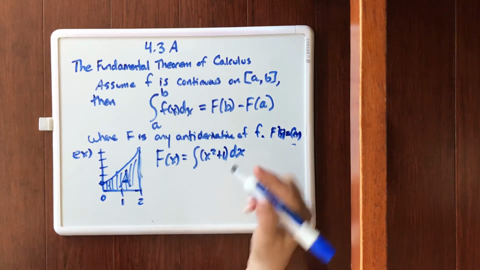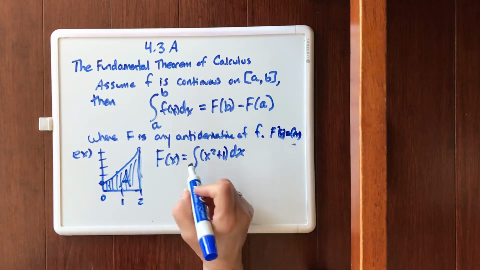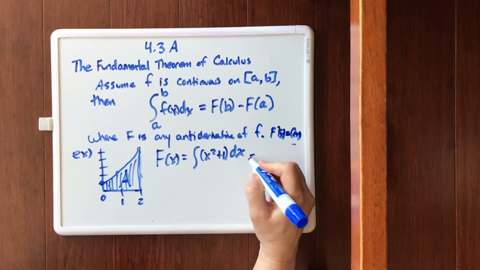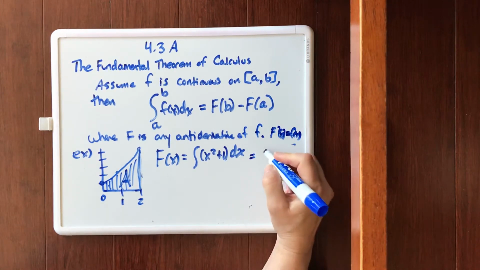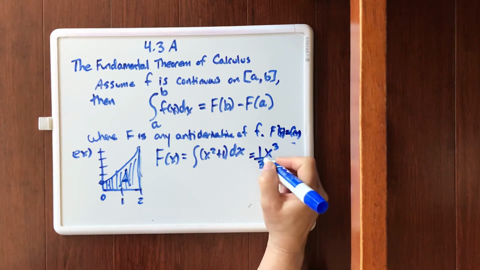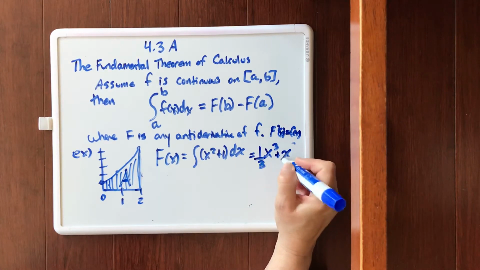Okay, which we know would be the area in the problem we're working with. Well, what would we do if we were just asked to integrate this? Well, we would add 1 to the 2 and get 3, and then we would multiply by its reciprocal. All right, then this is just plus 1x.